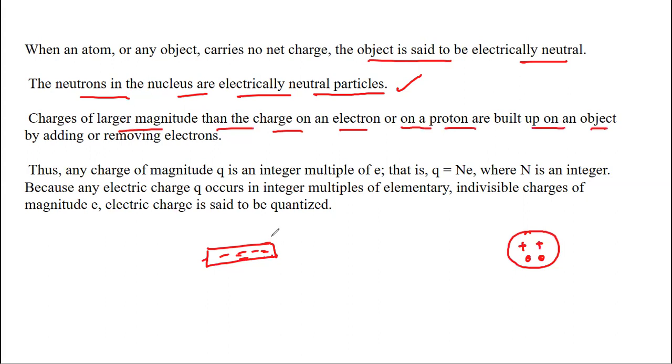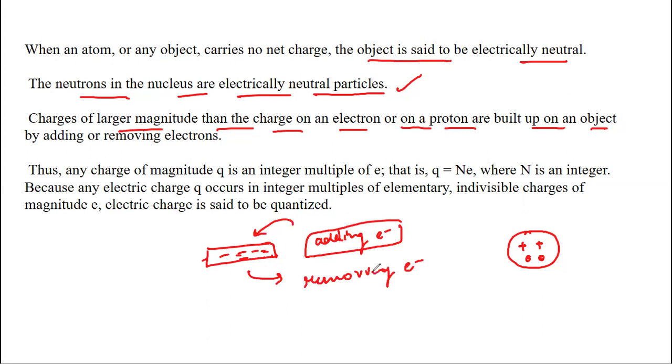So charges of larger magnitude as compared to the charge on an electron or a proton are built up. So how is it built up? By adding electrons. How can you increase the charge? By adding electrons over here. Or you can also remove the charge by removing electrons.